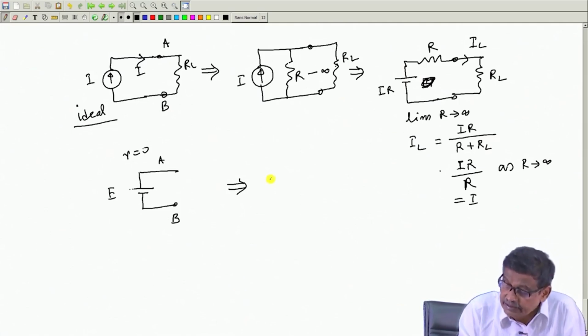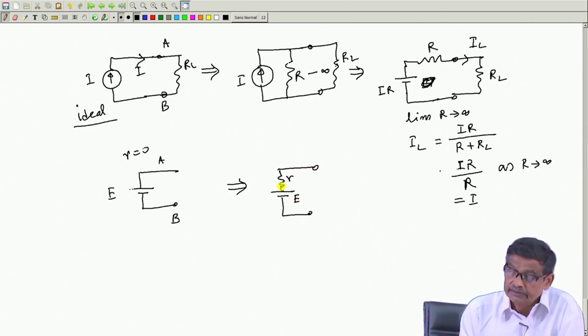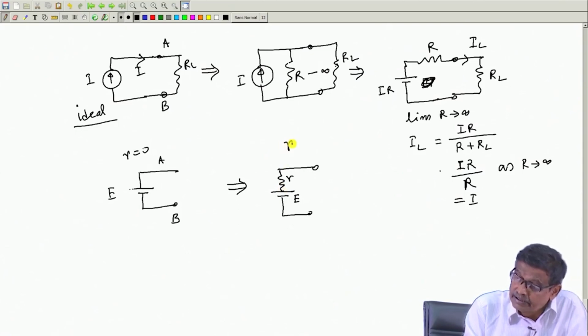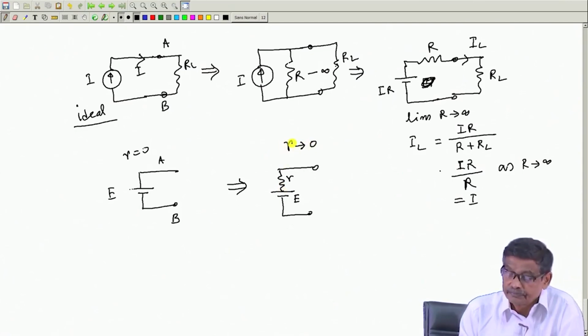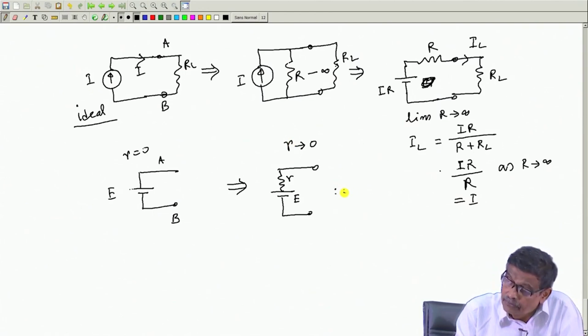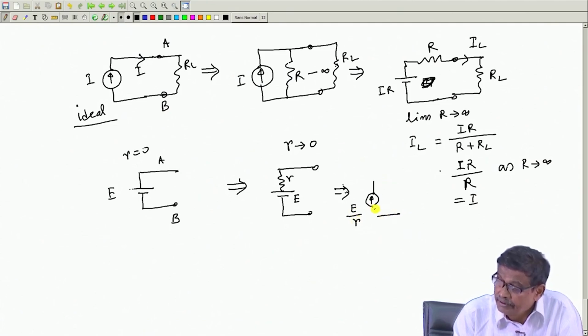What I am suggesting, in that case, you show this resistance like this, E by R, remembering that R tends to 0. This is the correct representation, and then I will say okay, if that be the case, then it should have an ideal current E by R, and in parallel with a resistance R.